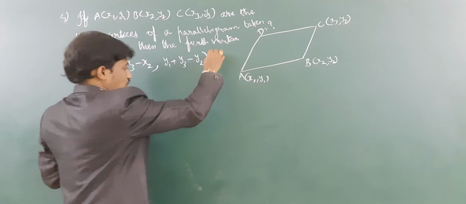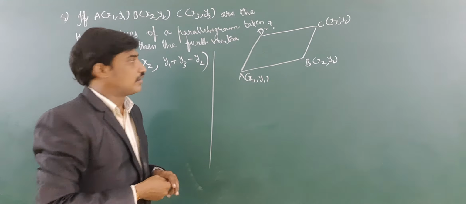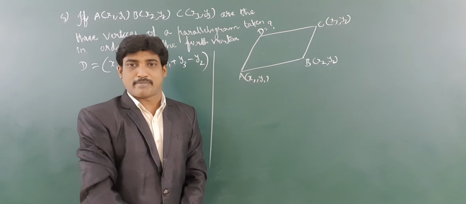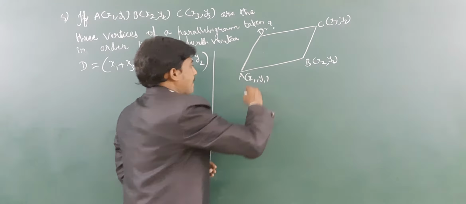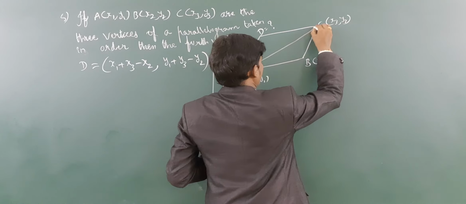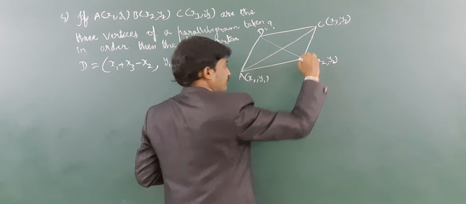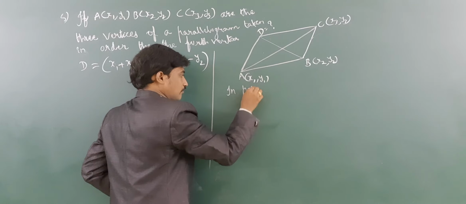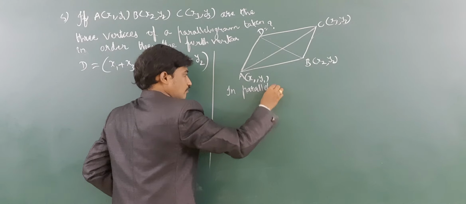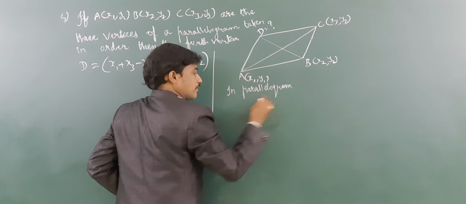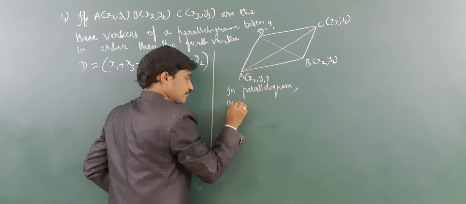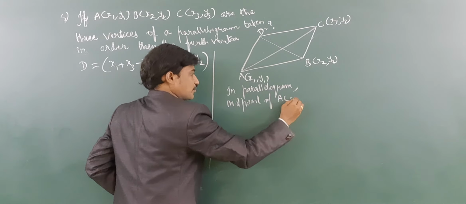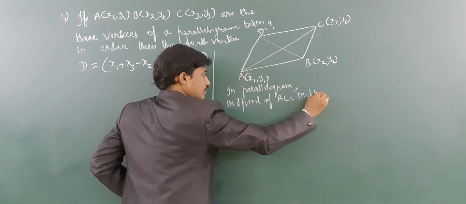Let us prove it. We know in a parallelogram, diagonals bisect each other. That means midpoint of AC is equal to midpoint of BD. In a parallelogram, midpoint of AC is equal to midpoint of BD.